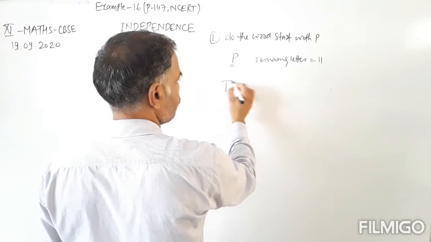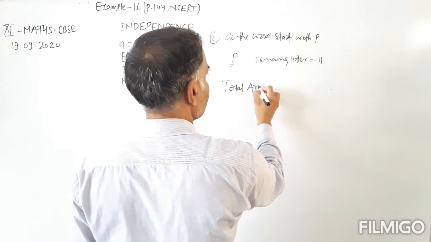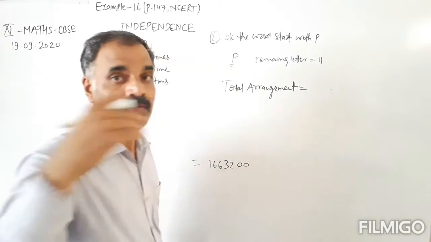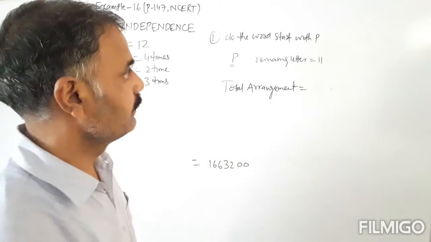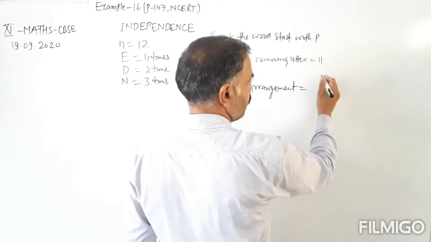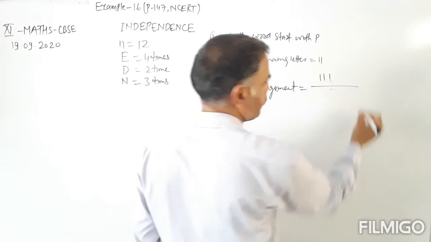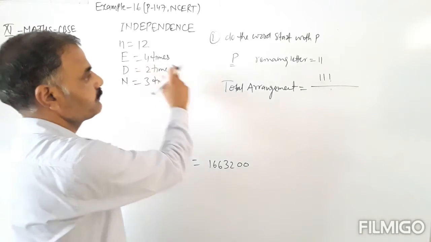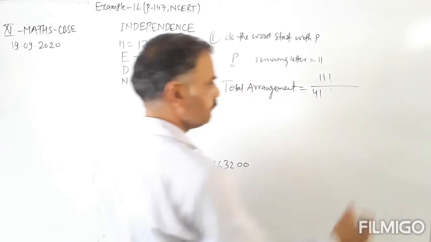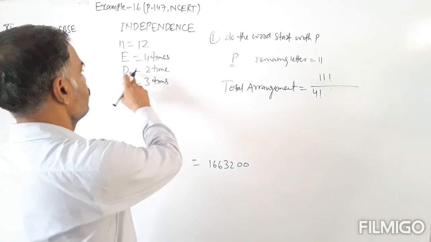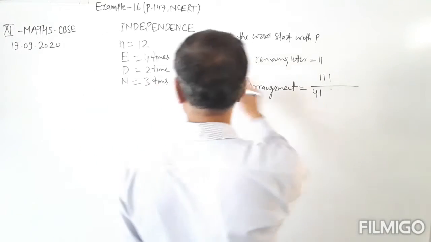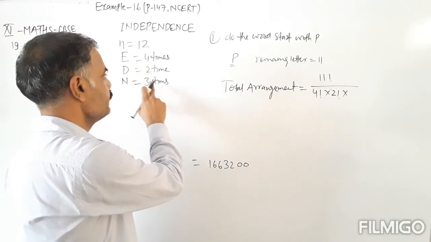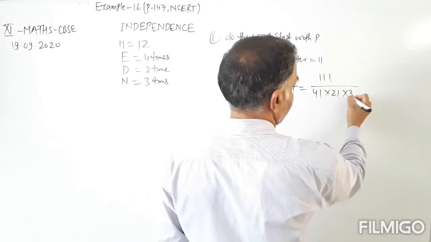So the total number of permutations in this case: we have to arrange 11 letters, that is 11 factorial, in which E is repeating 4 times, so 4 factorial, D is repeating 2 times, so 2 factorial, and N is repeating 3 times, so divided by factorial 3.